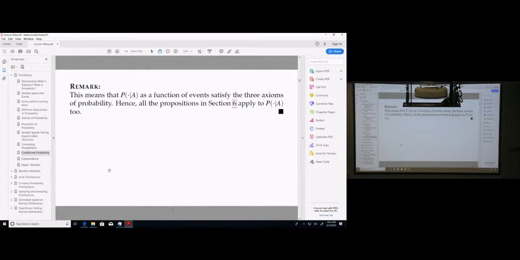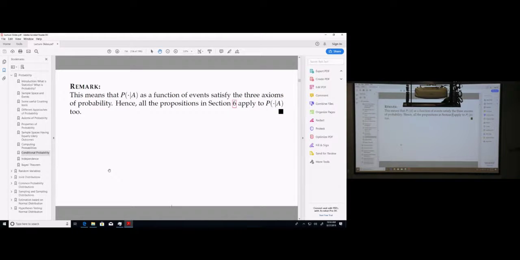And so this is just explaining the proposition, the meaning. This means that the assignment, as a function of events, satisfies the three axioms of probability. And hence all the propositions in section 6 will apply here, as long as your A is fixed.